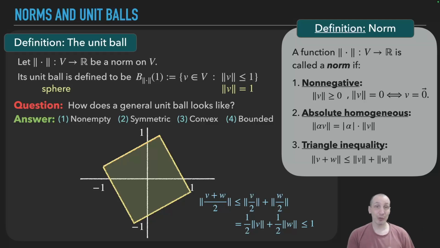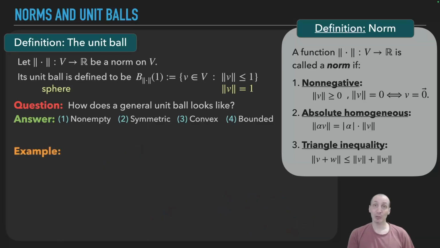Okay, so I want to finish with a little bit more visualization and try to really see this unit ball of norms. And I want to talk about 2 families of examples. So the first one is the LP norms.